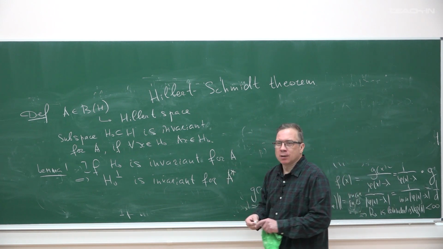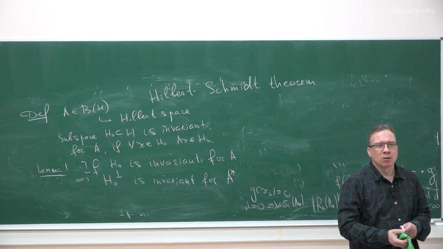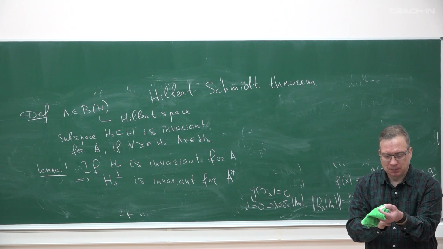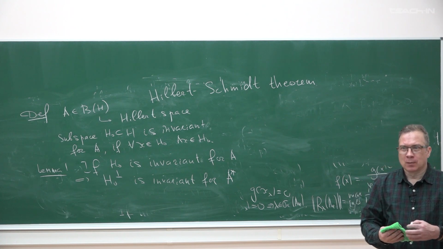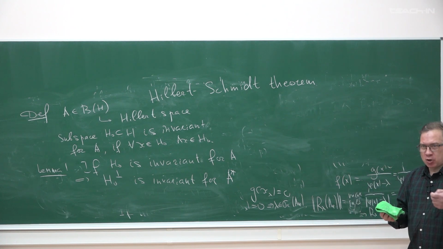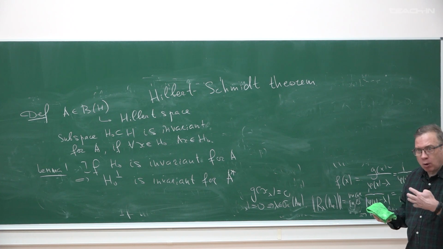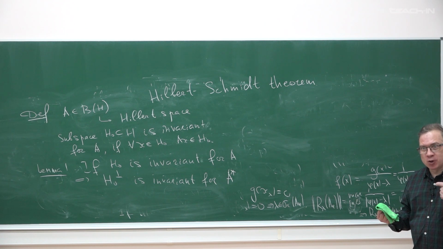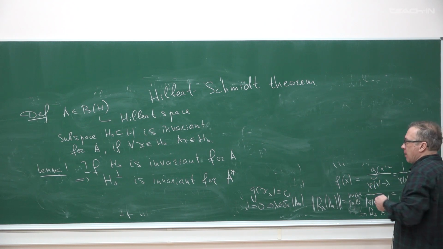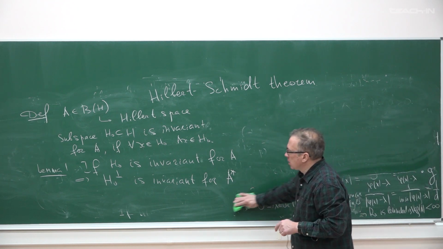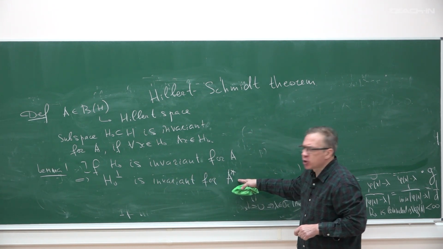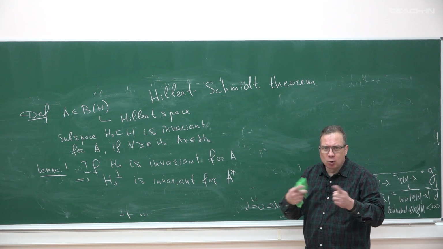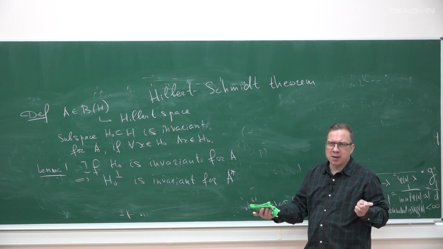And immediately a corollary for self-adjoint operators: the orthogonal complement is invariant for operator A too, if A is self-adjoint. In the arbitrary situation, the orthogonal complement is invariant for the adjoint operator. And if the operator is self-adjoint, you immediately obtain two invariant subspaces.